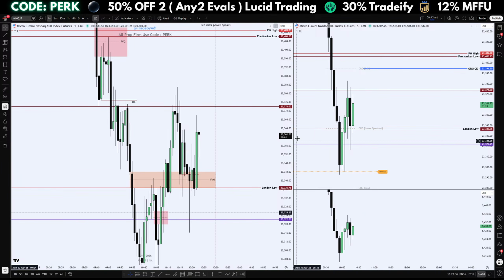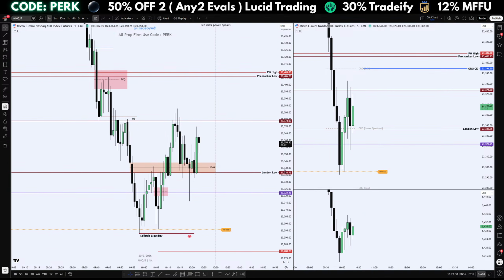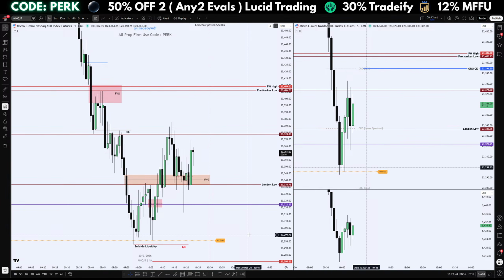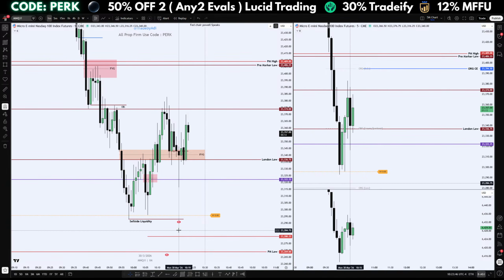We can also end up in a consolidation, okay, because the market is not going either the buy side or the sell side, and it has opened the open liquidity, the failure swings. So we will just wait and watch.